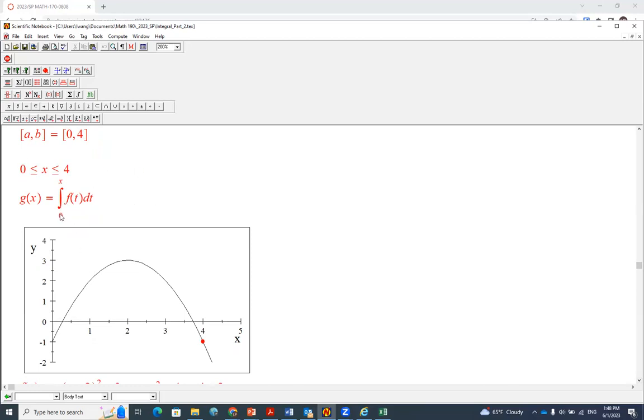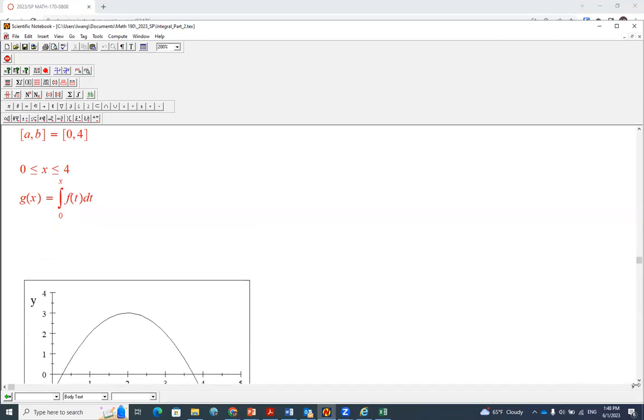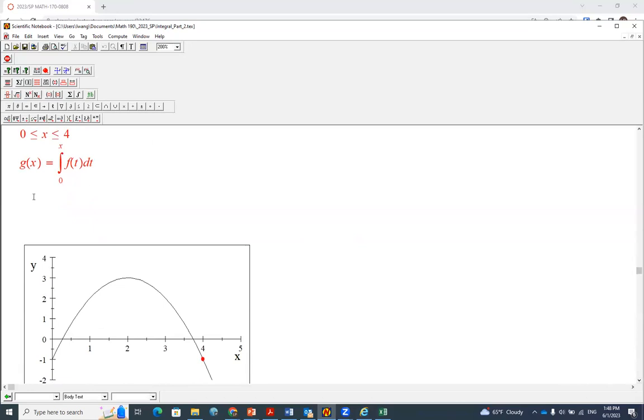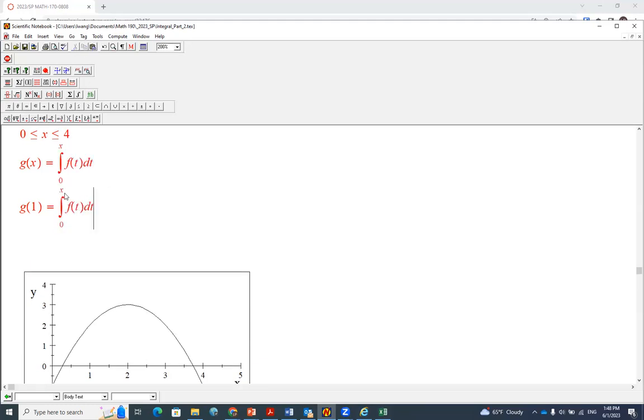Next, let's see what happens. Let's take some examples. If I choose x equals 1, so G of 1 will be equal to this integration from 0 to 1.